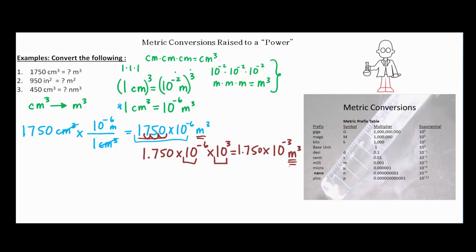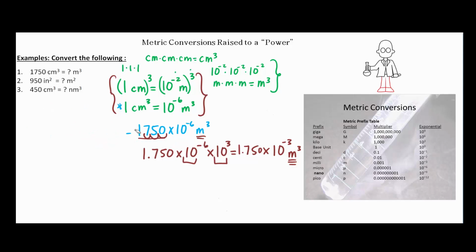Now, we can write out all of these things if we want until you get a hang of it, or we could simply write it out while we're doing the problem.